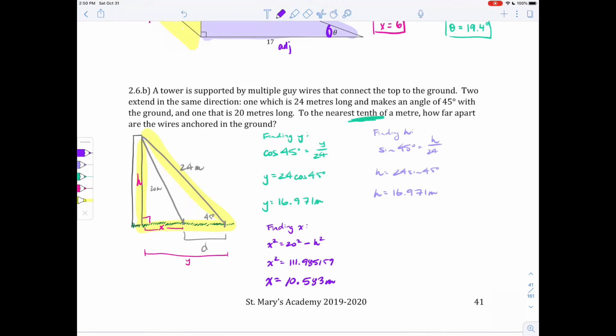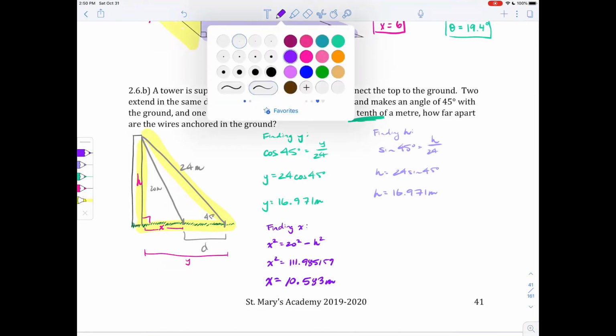We're not even done. All we have to do though is find d, and we said that d is the difference between y and x.